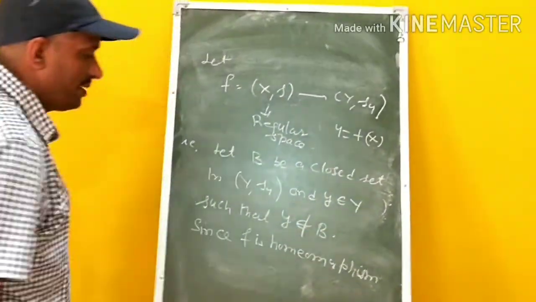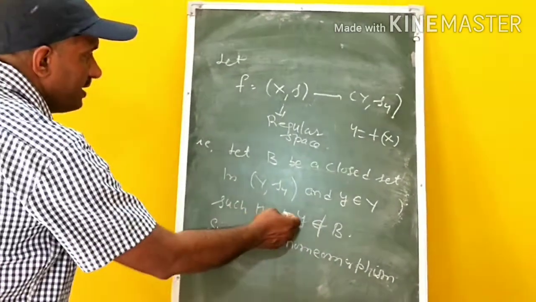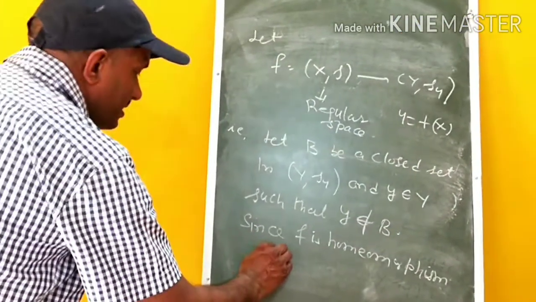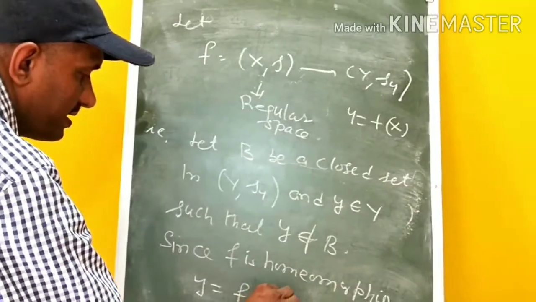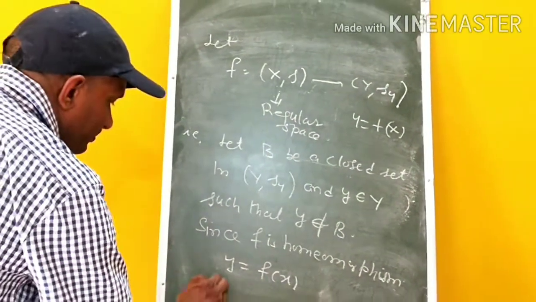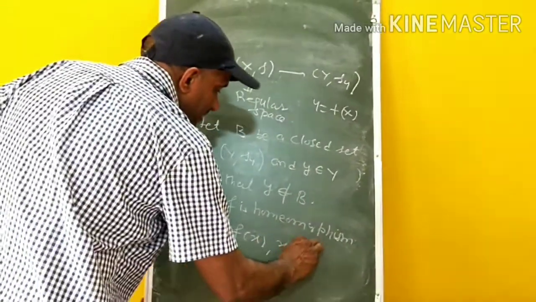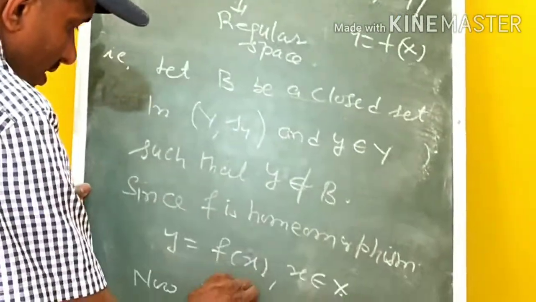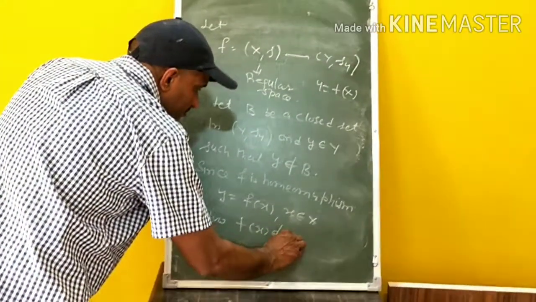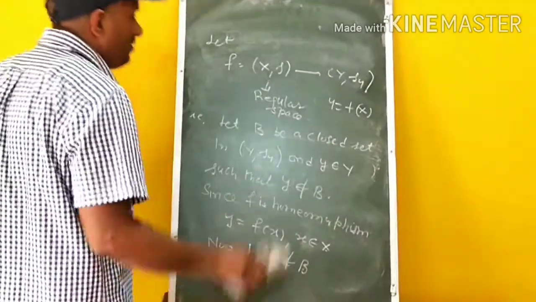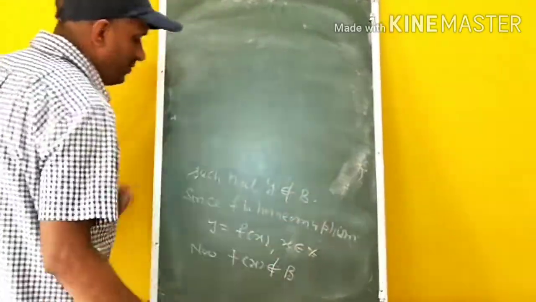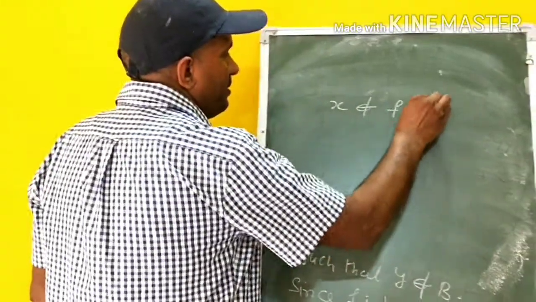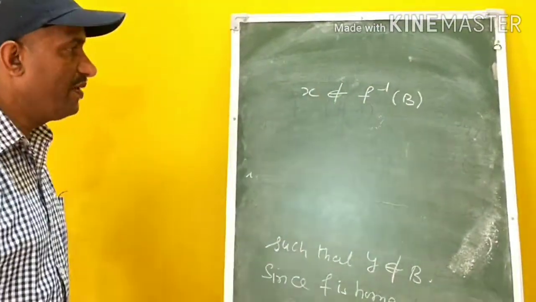Since f is a homeomorphism and we have a point y in Y, we can find an element x belonging to X such that y is equal to f(x) due to homeomorphism, where x belongs to X. Now y is equal to f(x), so f(x) does not belong to B, but f is homeomorphism, so we can further write, due to homeomorphism, x does not belong to f inverse(B).